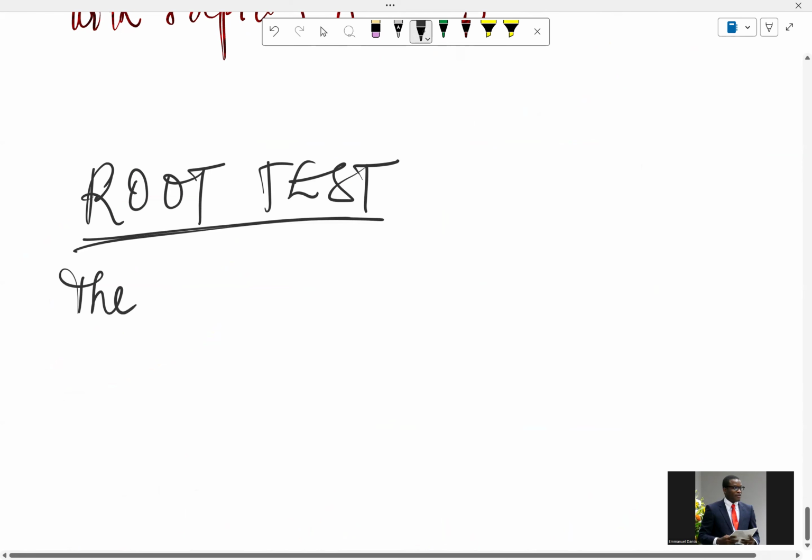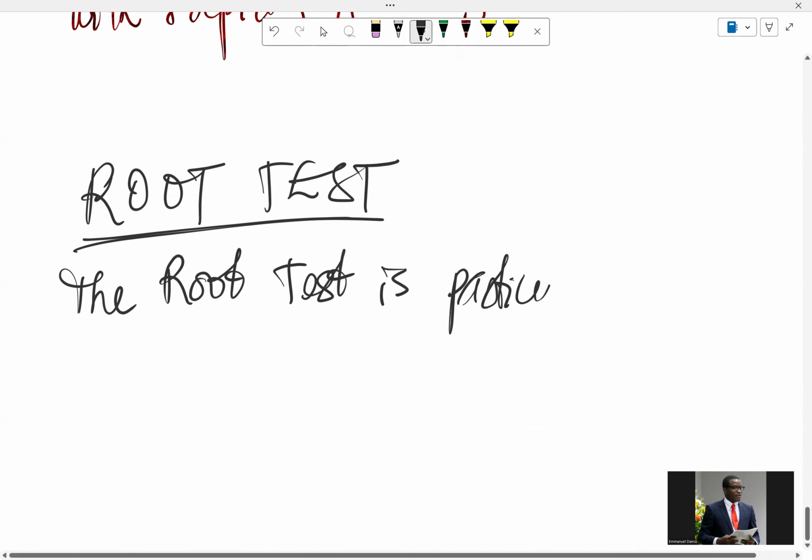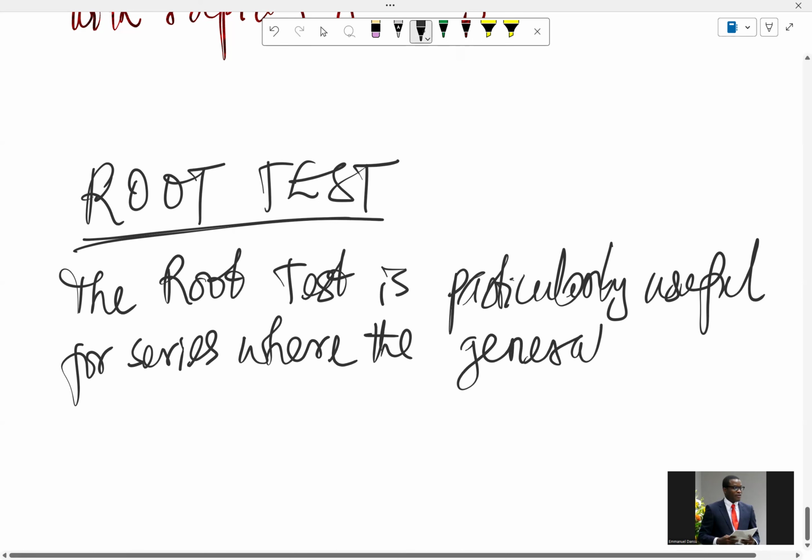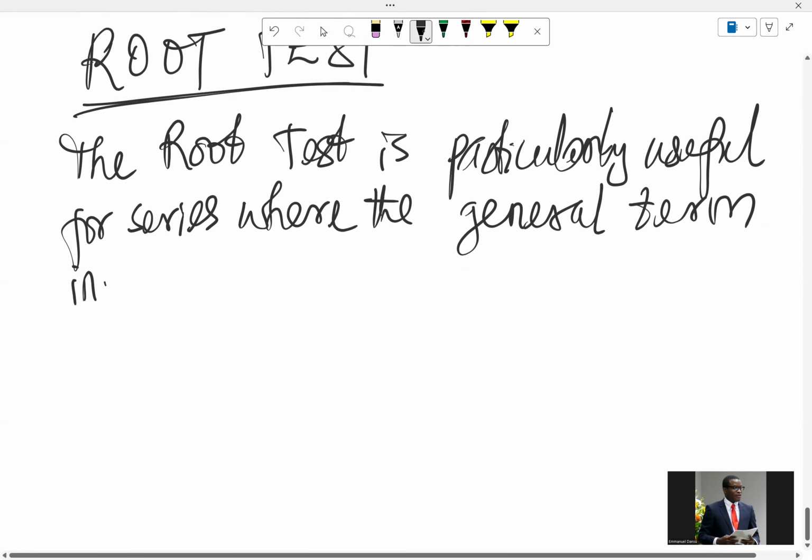The root test is particularly useful for series where the general term involves powers of n.